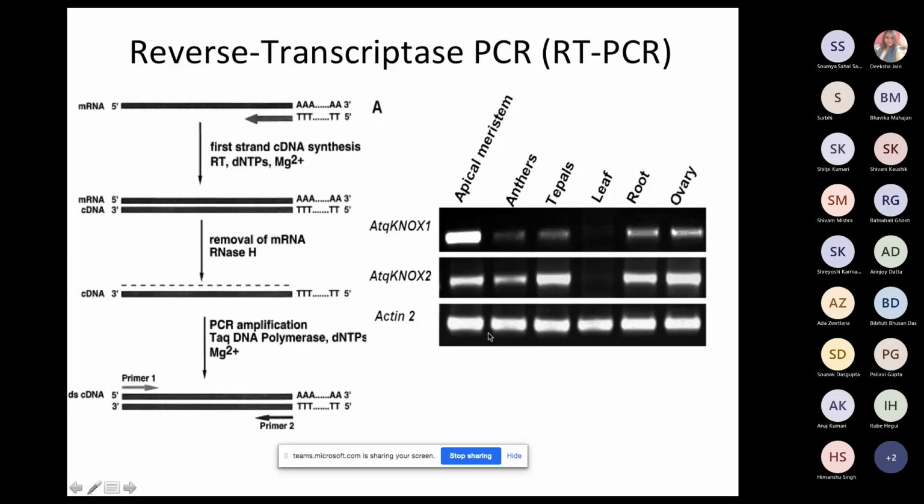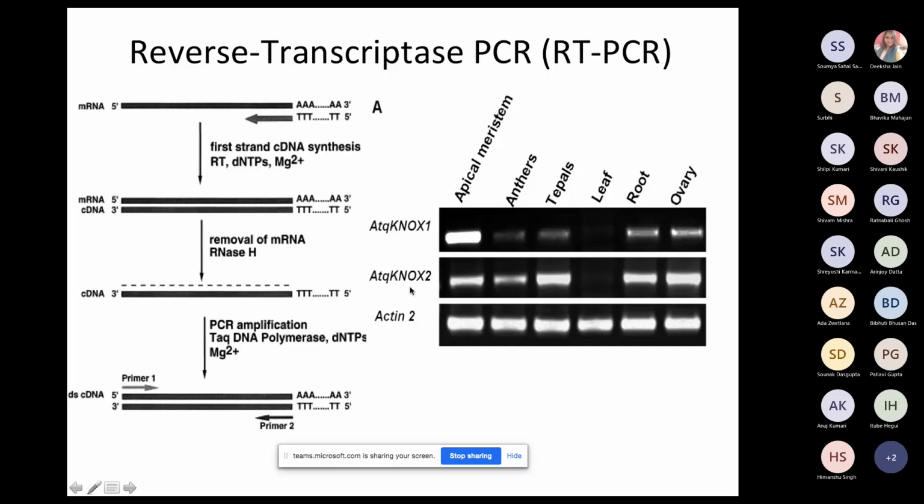You see that irrespective of which plant organ I've taken, its level remains the same, which suggests that okay, I used the same amount of RNA in each of these cases. And despite using the same amount of RNA in all these cases, I can conclude that this gene, KNOX1, is very highly expressed in the apical meristem, while in the leaf it almost has zero expression, right?